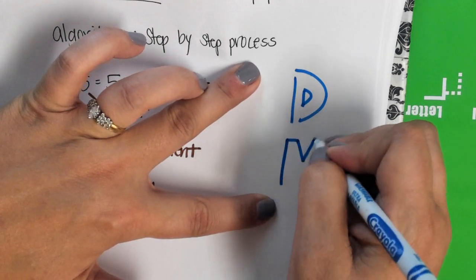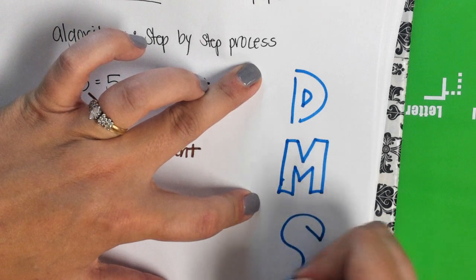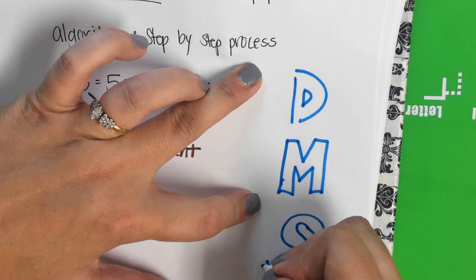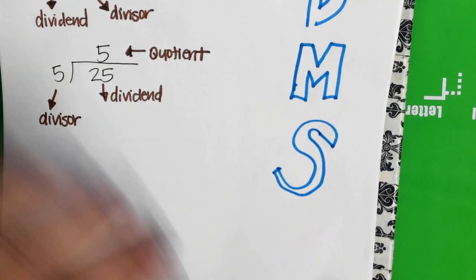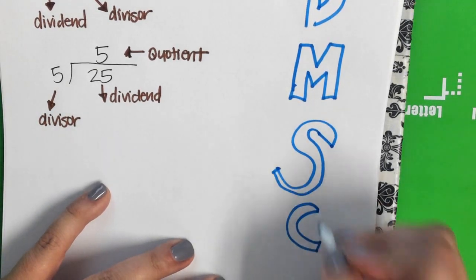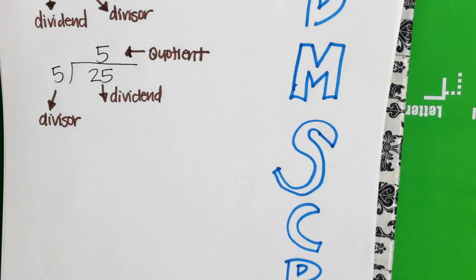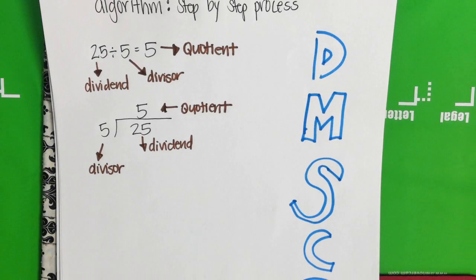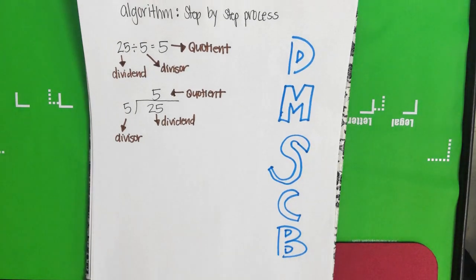Does McDonald's sell cheeseburgers, or as I like to say, does my sister chew bugs? Okay? She does. So this, does McDonald's sell cheeseburgers? That is going to take you step by step through your traditional algorithm for division.